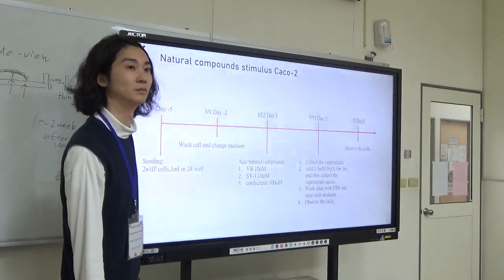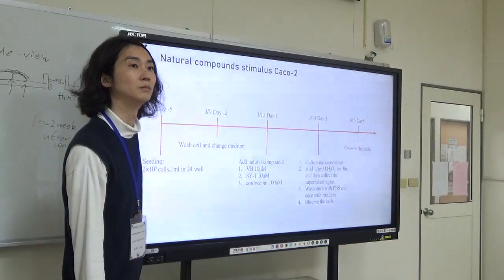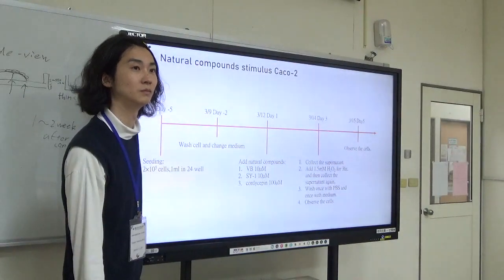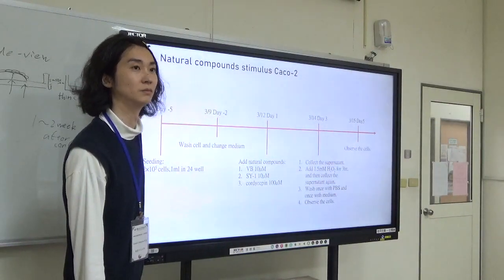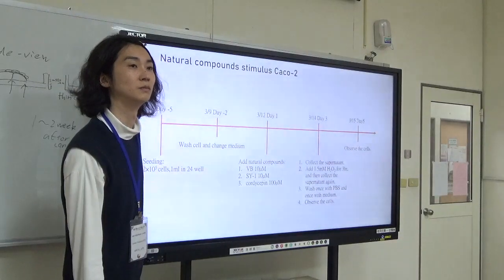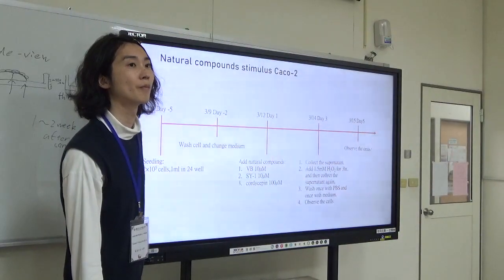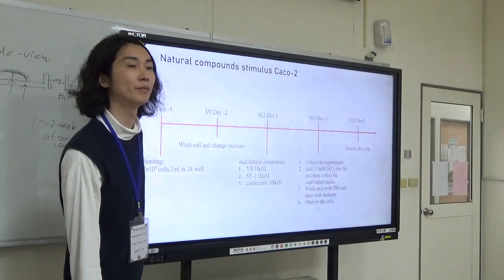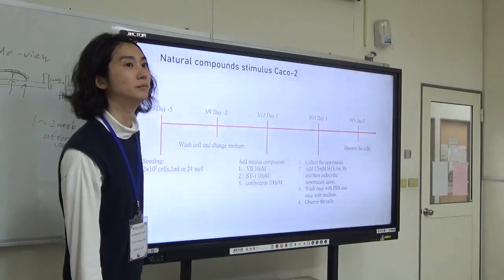But I think there will be some extracellular matrix or other compounds outside the cells, so we need to make sure the cells grow very well. Maybe we can use anti-ECM antibody to check whether the extracellular matrix is okay or not. After that, we can add natural compounds.